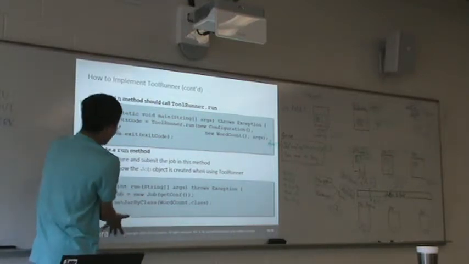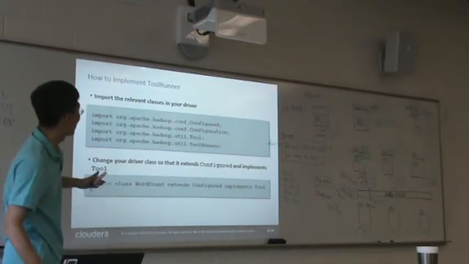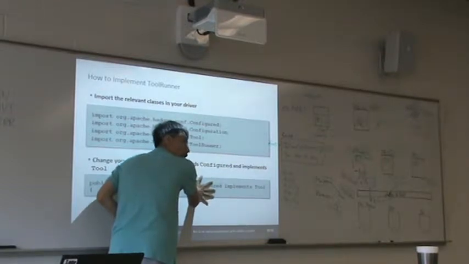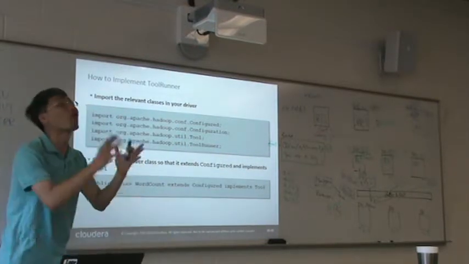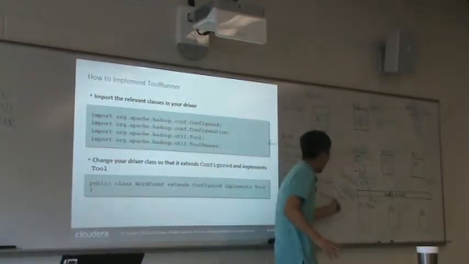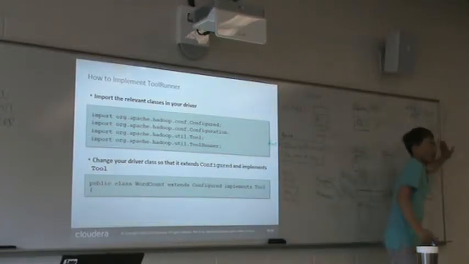So you can run the ToolRunner this way, or you can make the main method the ToolRunner. Either way is fine. What's more important is to run your MapReduce program with the local file, not the Hadoop cluster.